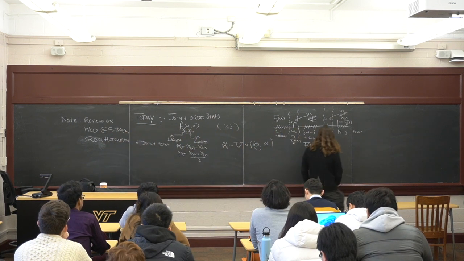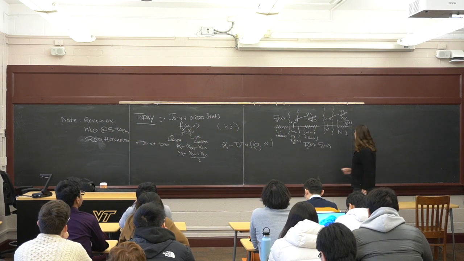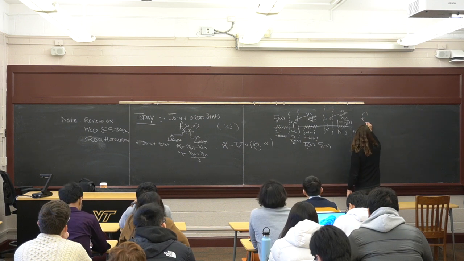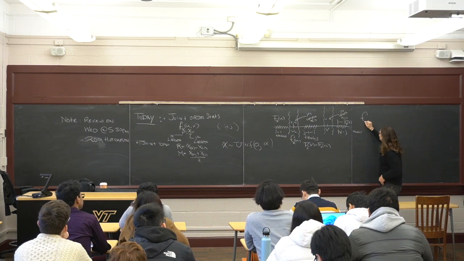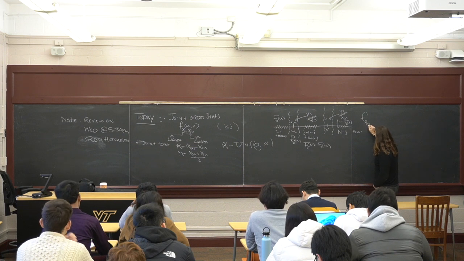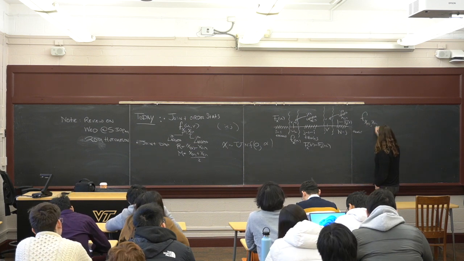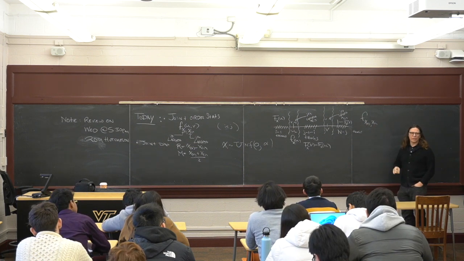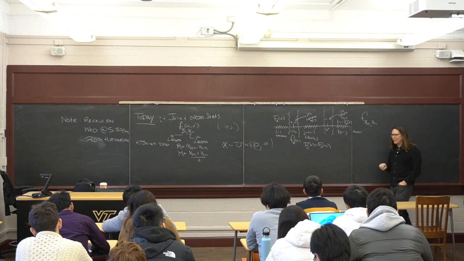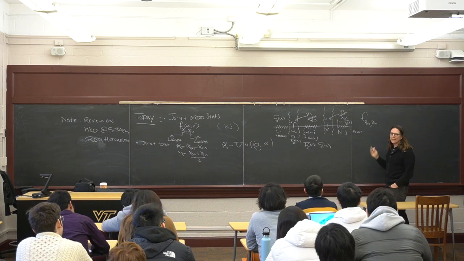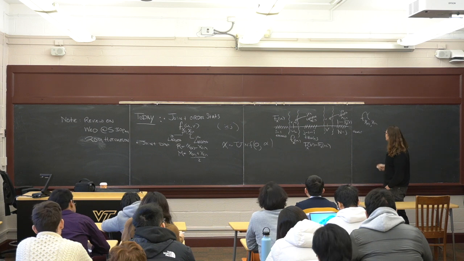Okay, so if we're going to write down our joint density, I'm going to give us a little bit of notation. I'll call this Xn, X1. These should be bold to denote the random variable, but again, I don't really care about that. So it's just notation.